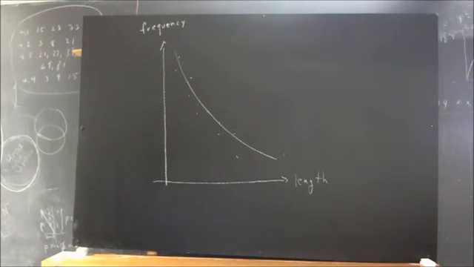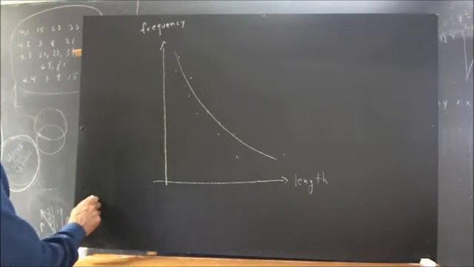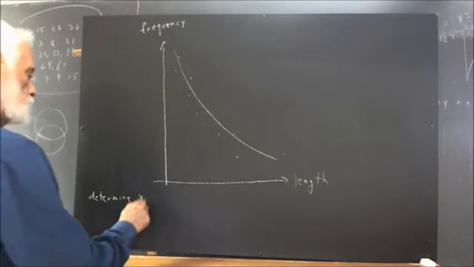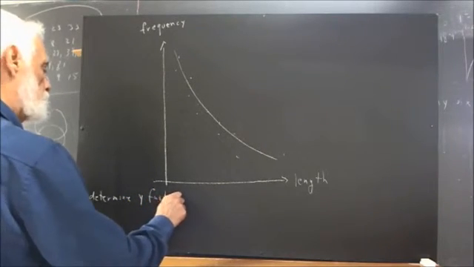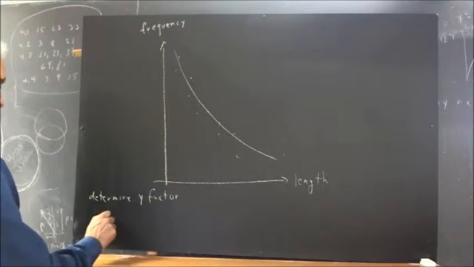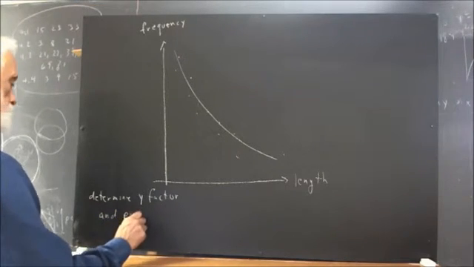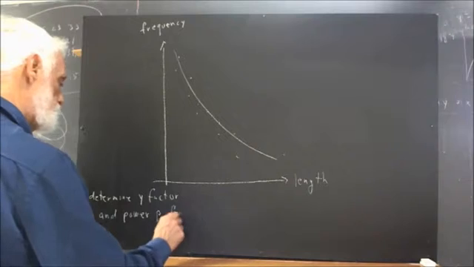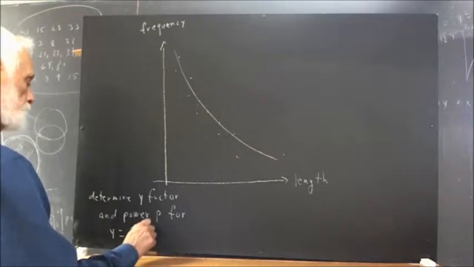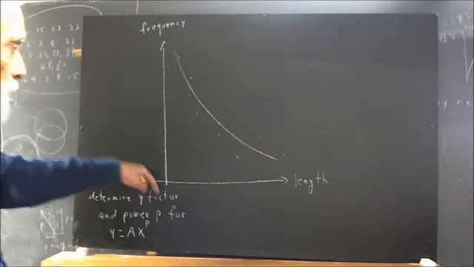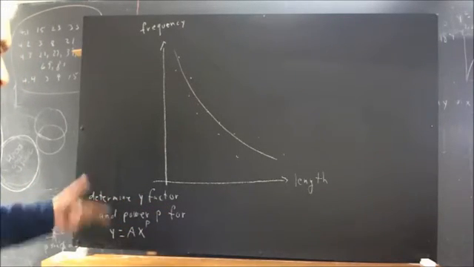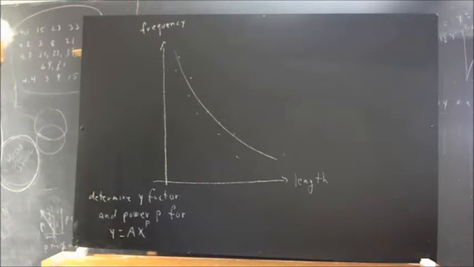So what we want to do is determine the Y factor for the data and determine the power P, assuming we have Y equals A x to the P. Now, if we can't determine a Y factor, if the Y factor is not constant when x doubles, then the model is out the window and we're not going to be able to use a power function model.